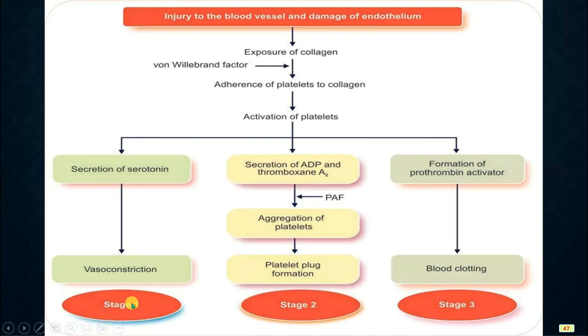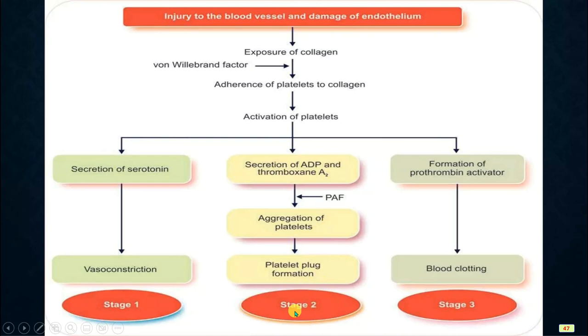This is called stage one. Immediately they cause vasoconstriction through the release of local serotonin, then secretion of adenosine diphosphate and thromboxane A2, which is going to activate the platelet activating factor, and this causes the aggregation of the platelets, and ultimately platelet plug formation will happen.